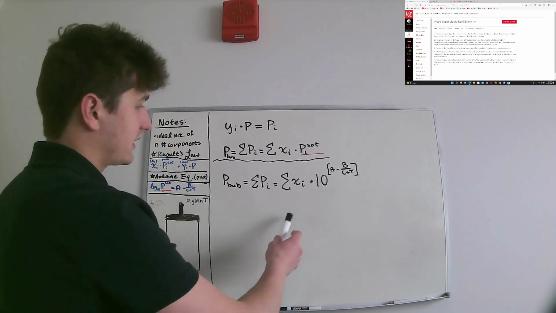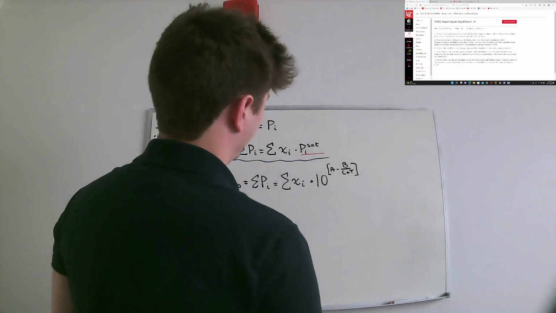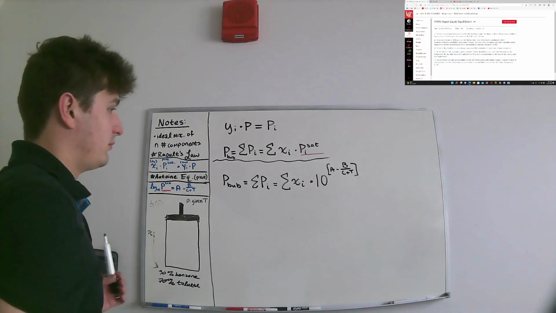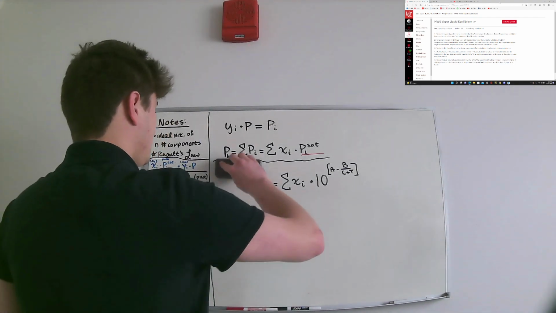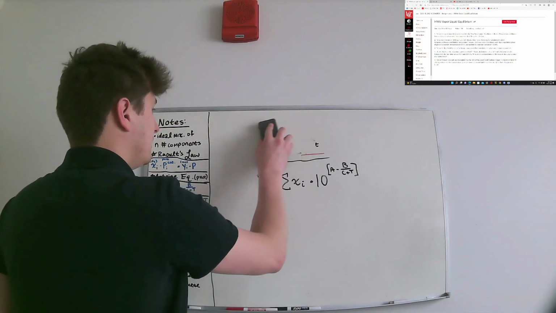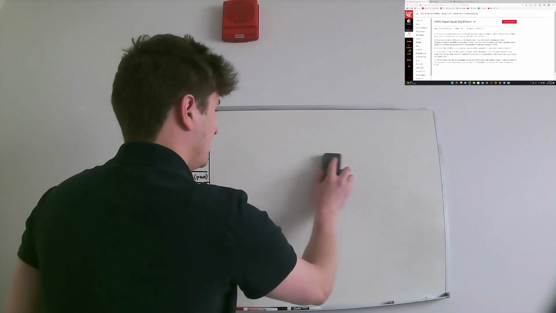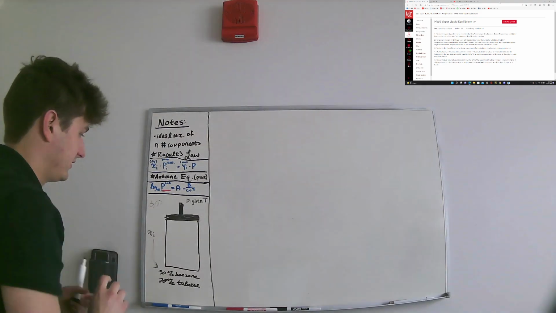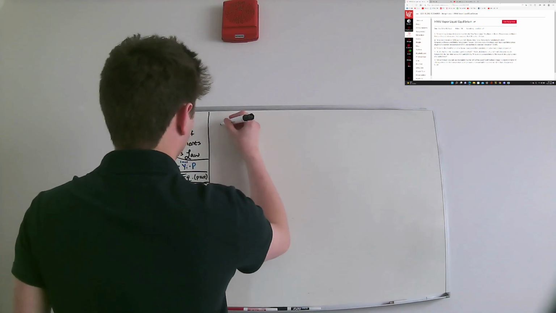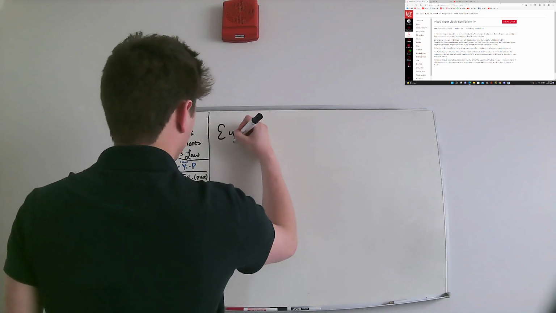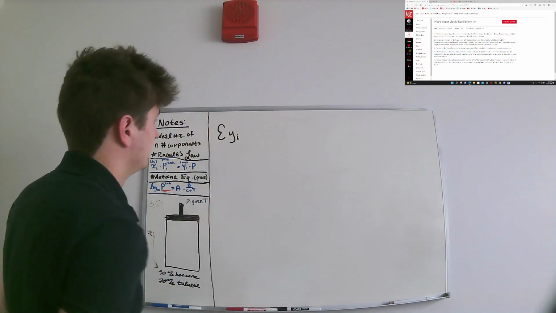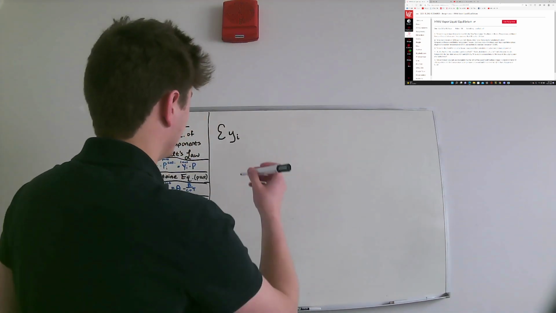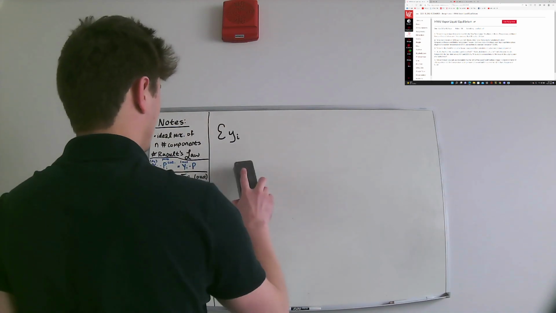Here we know this, but we're going to have to do a lot of rearranging to figure out what our bubble temperature is. Now moving along, another big fact about all of this is that we know that the sum of the mole fraction in the vapor phase is going to be, actually, that's wrong.